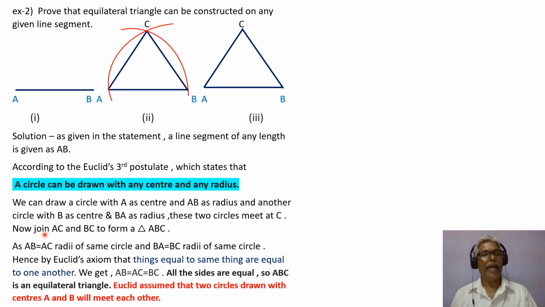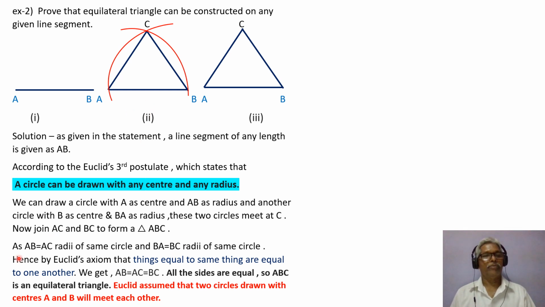And another circle with B as center and BA as radius. These two circles meet at C. Now join AC and BC to form triangle ABC.